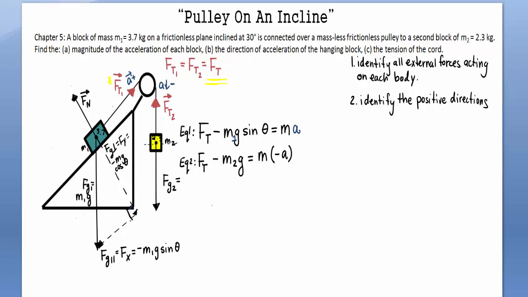Now, what I want to do is, since the tensions are equal in magnitude, sum these two equations to eliminate tension. When you add these two equations, your tensions will always cancel out. But if you see here, I have a positive tension here and a positive tension there. So let me rewrite equation 1.